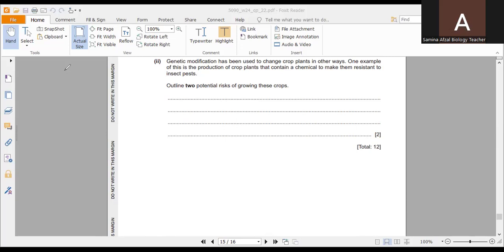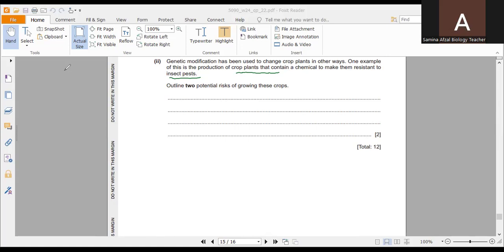That is, if the crop plants are resistant to insect pests, then outline two potential risks of growing these crops. So you can see, we always know there are two views of everything. On one side, this is good, it has advantages. On the other hand, it has disadvantages as well.